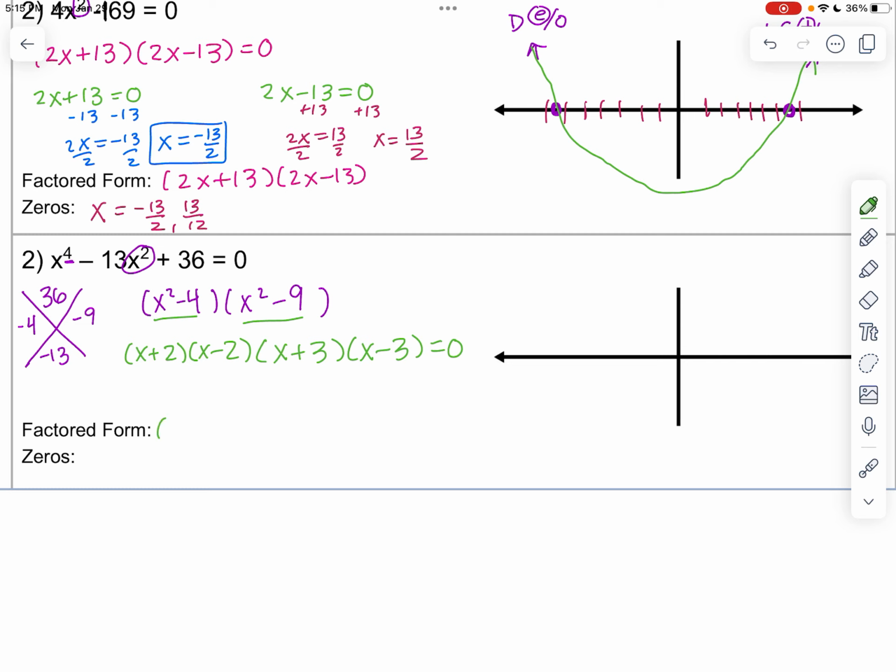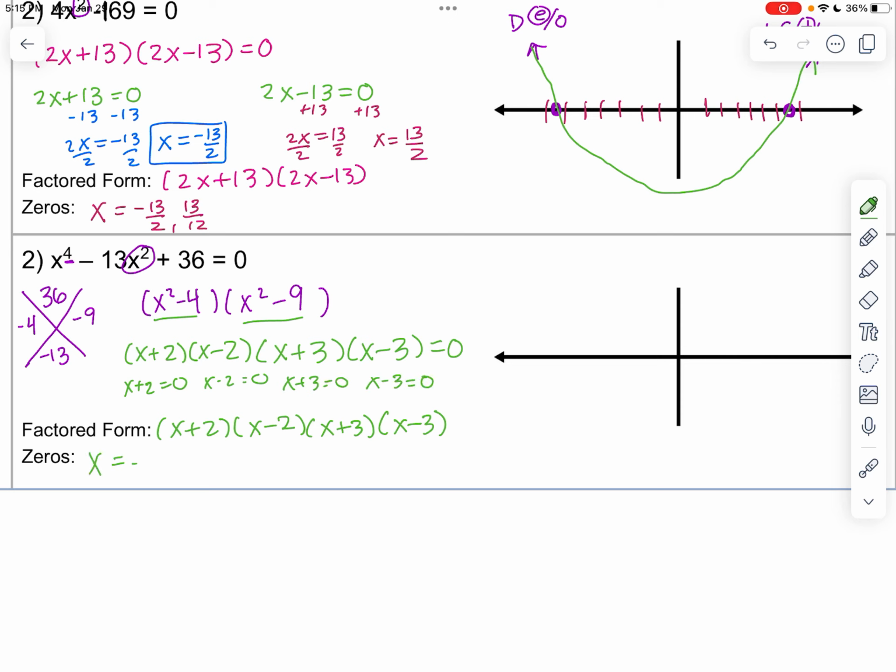This is your factored form, of course, x plus 2 times x minus 2 times x plus 3 times x minus 3. But then when I set each one equal to 0 and solve, I'm not going to do each of these step by step.